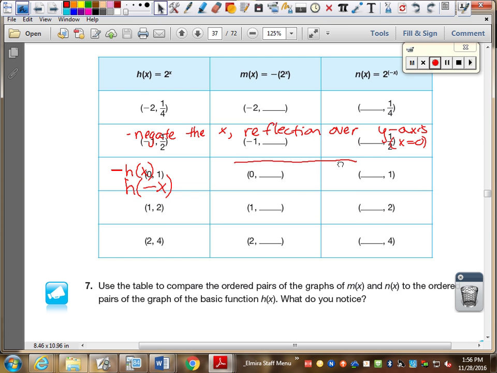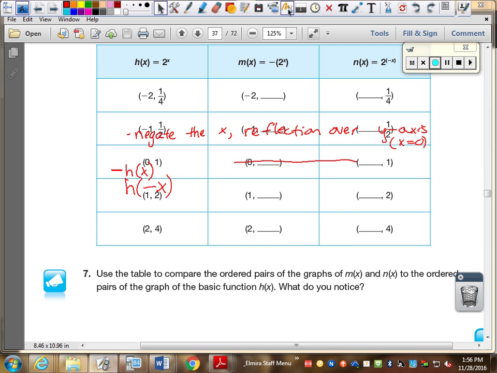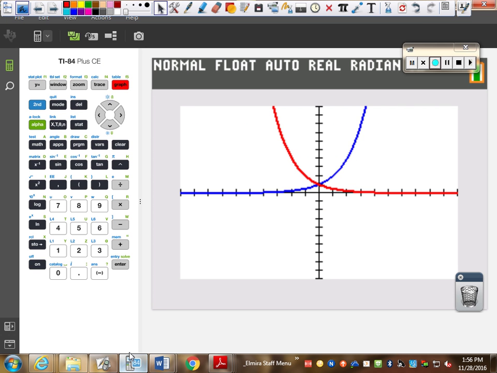Now we're going to come to this table right here.